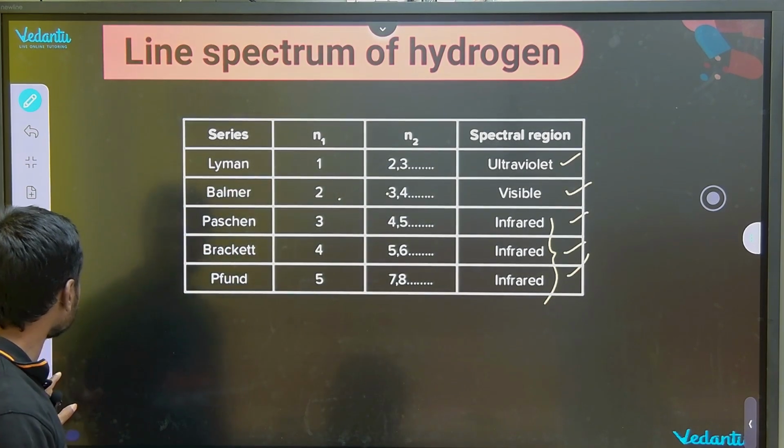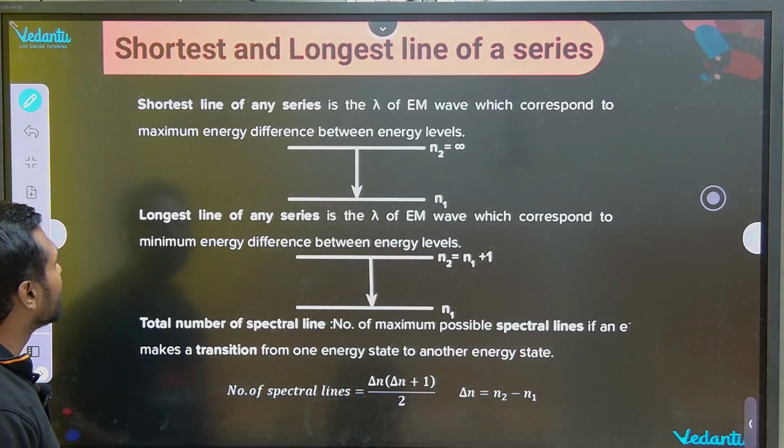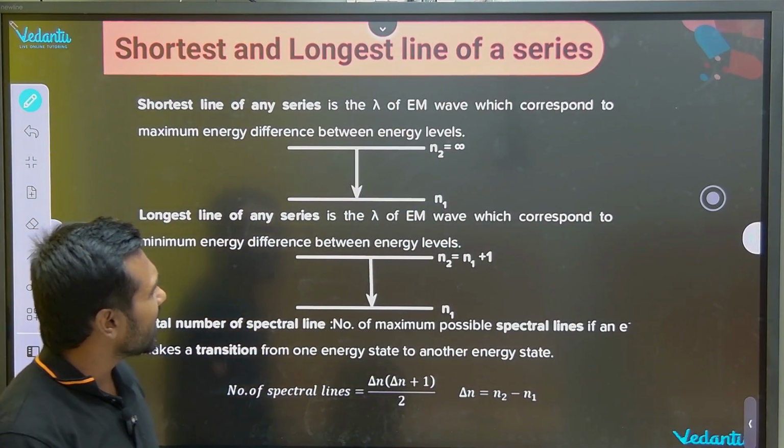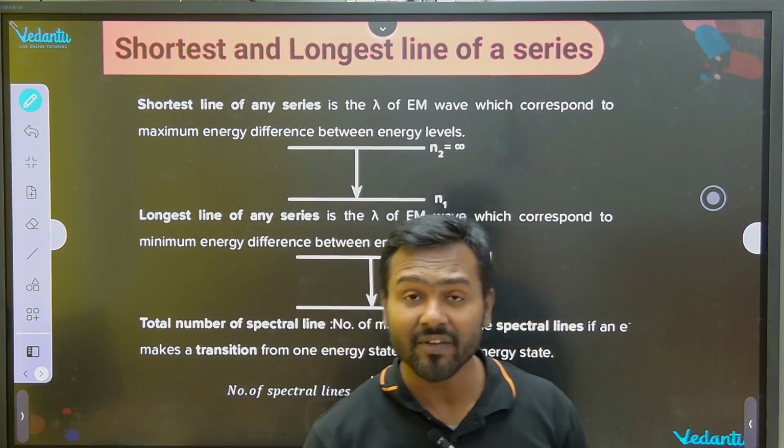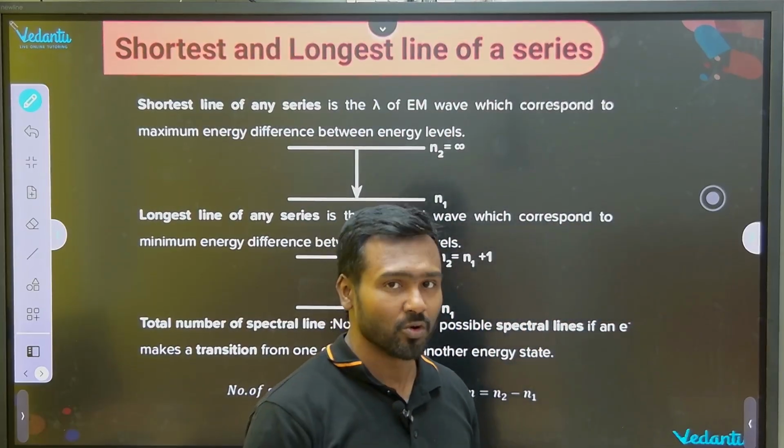Next, the shortest wavelength. If the wavelength is short, that means energy is more.